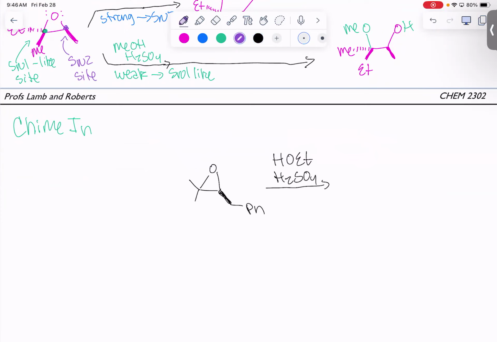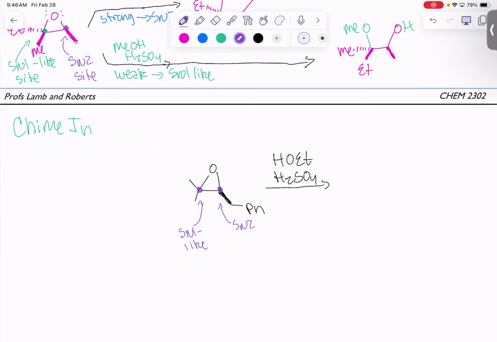Okay, so we would be thinking we have two possible sites of reactivity. If this is an SN2 mechanism, this would be our SN2 site, our less hindered site. If this was an SN1-like mechanism, then our site would be at the more substituted position.